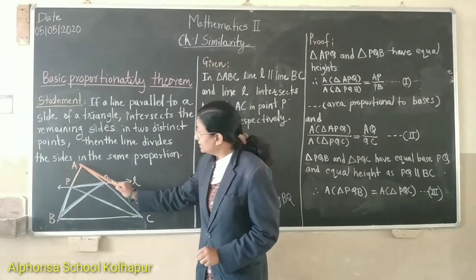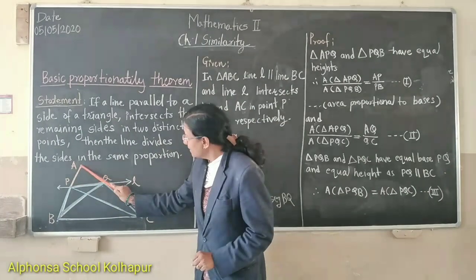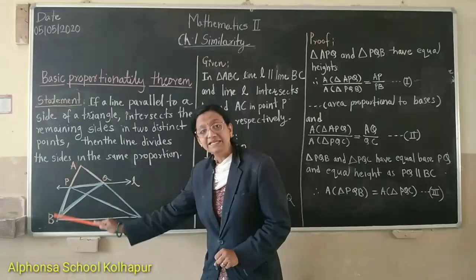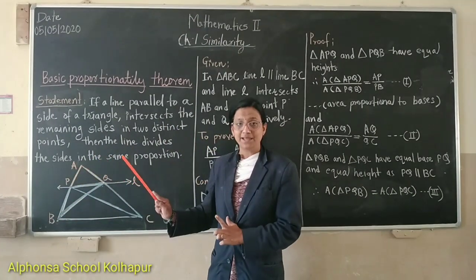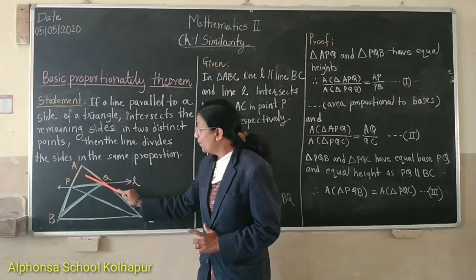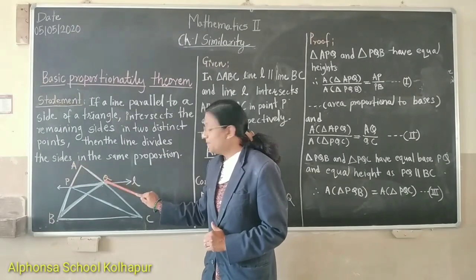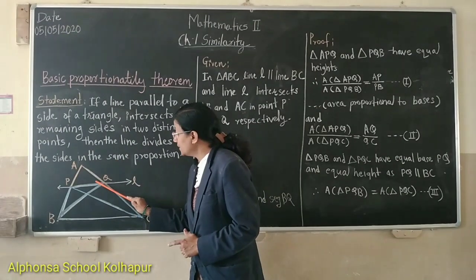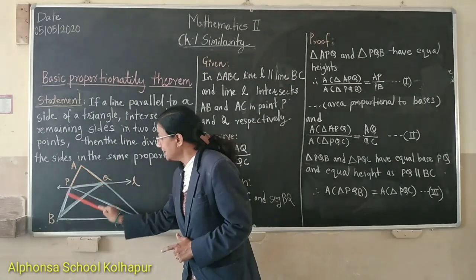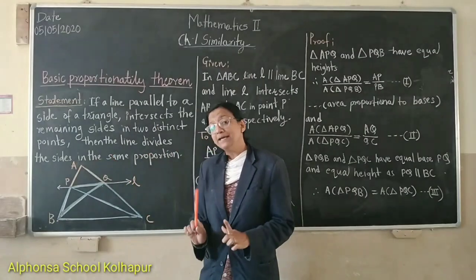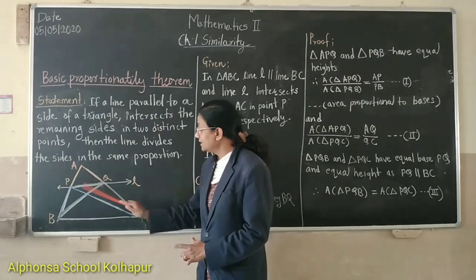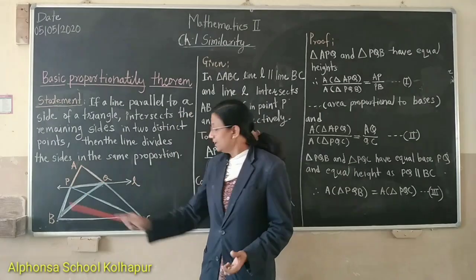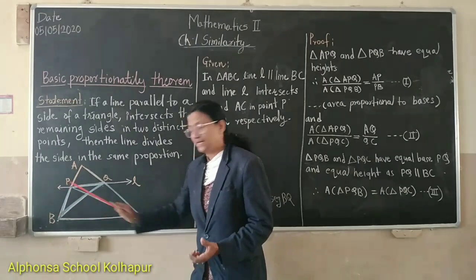Just see, the bases of the triangles are AP and PB. They are linear, means they are on the same line, and at the same time both triangles have the common vertex Q. So if you draw a perpendicular on this side AB, that can be considered as the height for triangle APQ as well as triangle PQB.